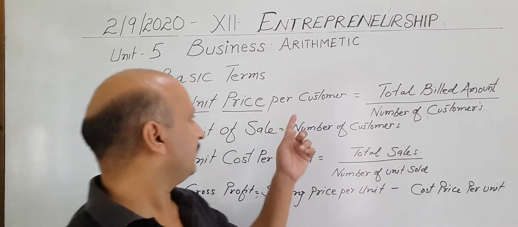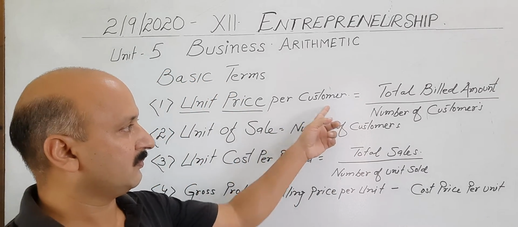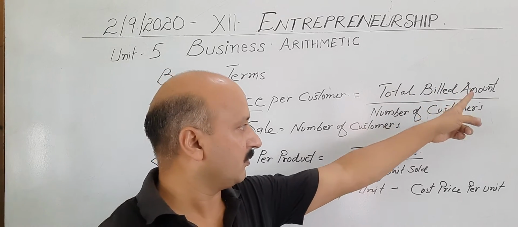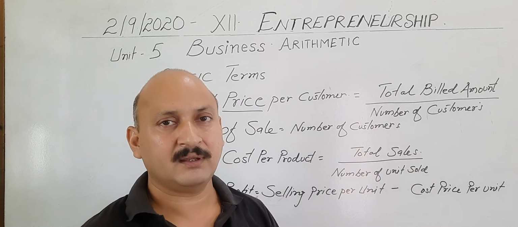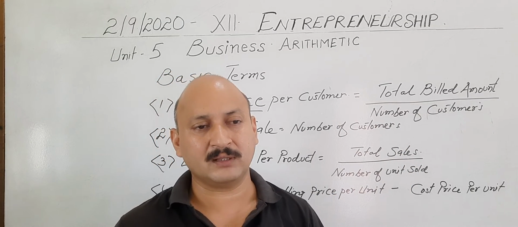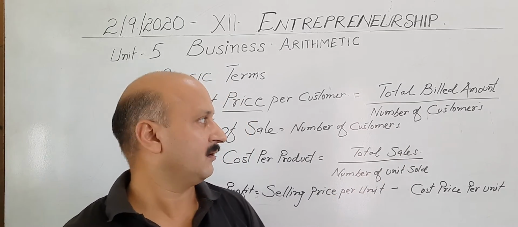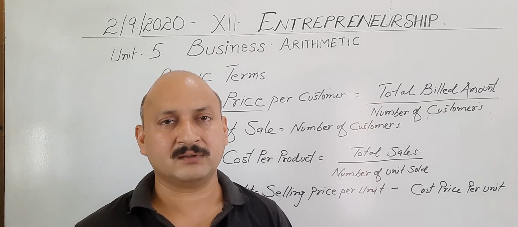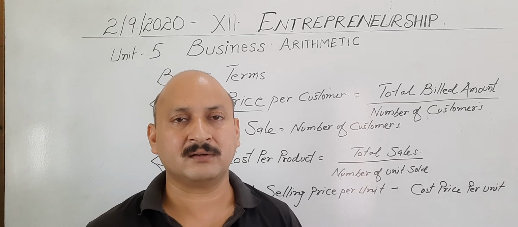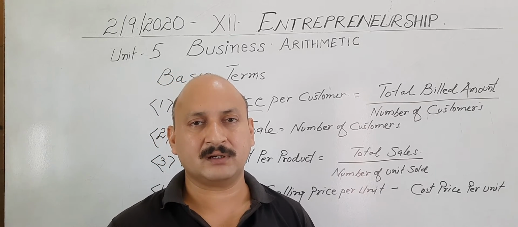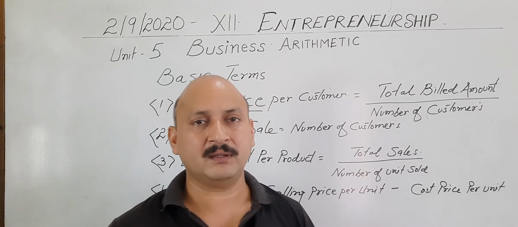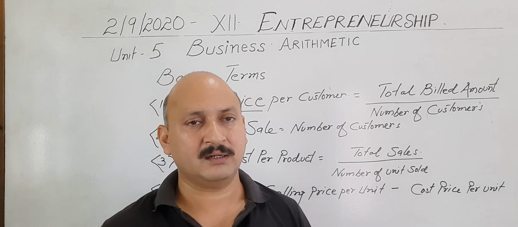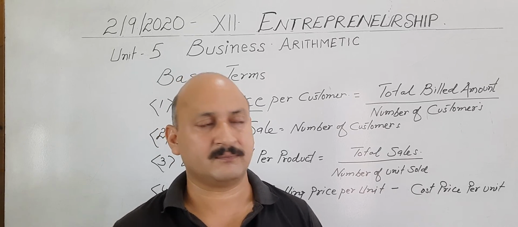So the unit price per customer is calculated by the formula total billed amount upon number of customers, and total billed amount means the total sales, and for number of customers, we can add all the customers who purchase the product during a particular time period. It may be a month, a week, or a year. It depends on the question.